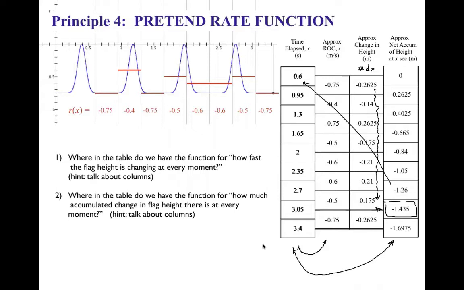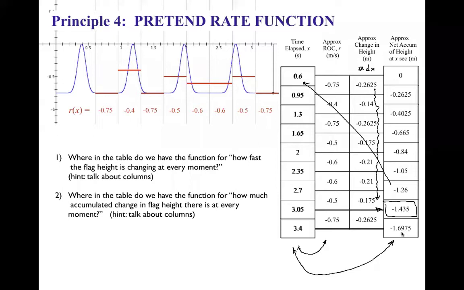I have a quick question. So for question 1, when we're talking about the columns, the approximate rate of change, that would be where question 1 is, right? Yeah, the first two columns form the red function, the approximate rate function, because this column here is the value of these approximate rates. Okay, and then question 2 is like that third column, right? No, the first and the fourth.